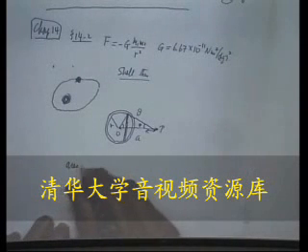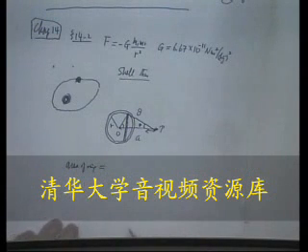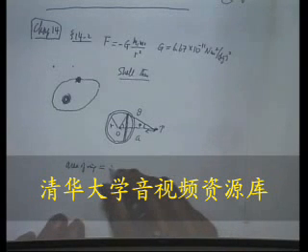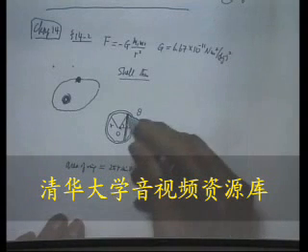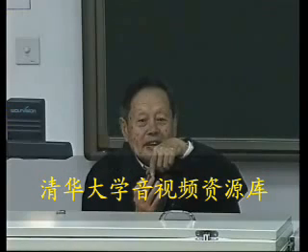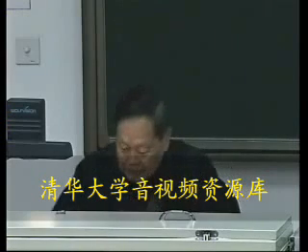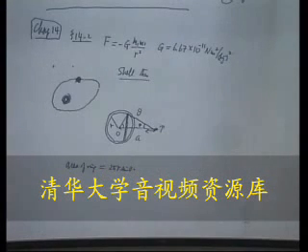What is the area of the ring? The circumference of the ring is 2 pi r times sine theta. The ring is a circle, its radius is r sine theta. So 2 pi r sine theta is the circumference. So the area of that is equal to that circumference times the width of the ring.